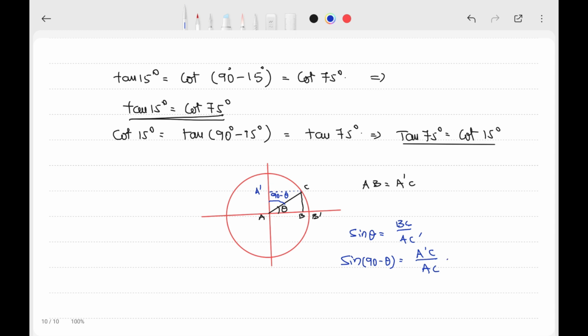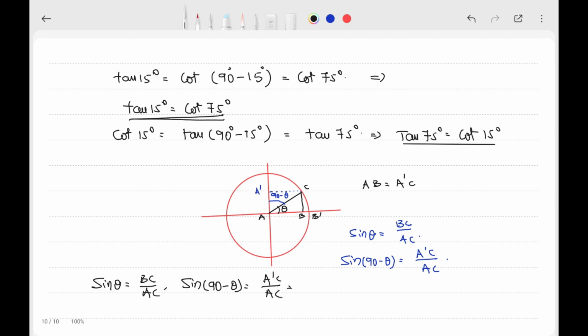This is for 90 minus theta. Please try to remember, I have already explained this in the previous classes. That means sin theta is equal to BC by AC, whereas sin 90 minus theta is equal to A dash C by AC.